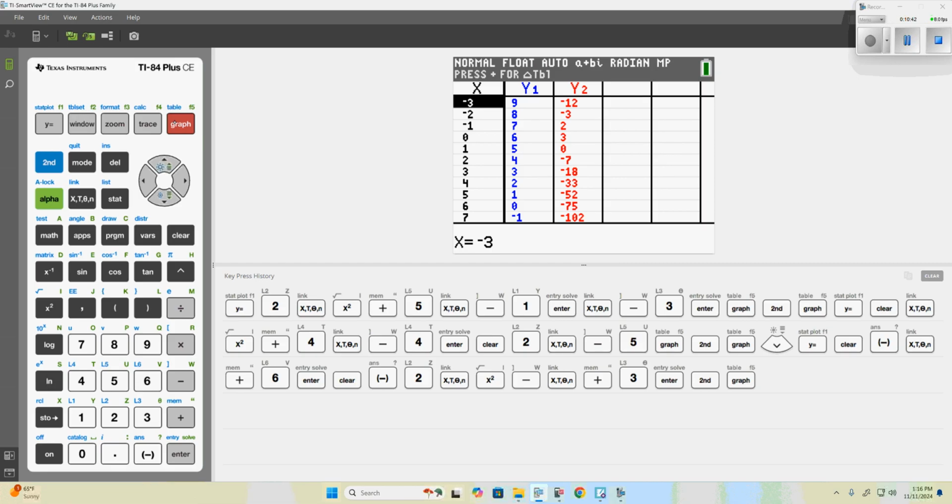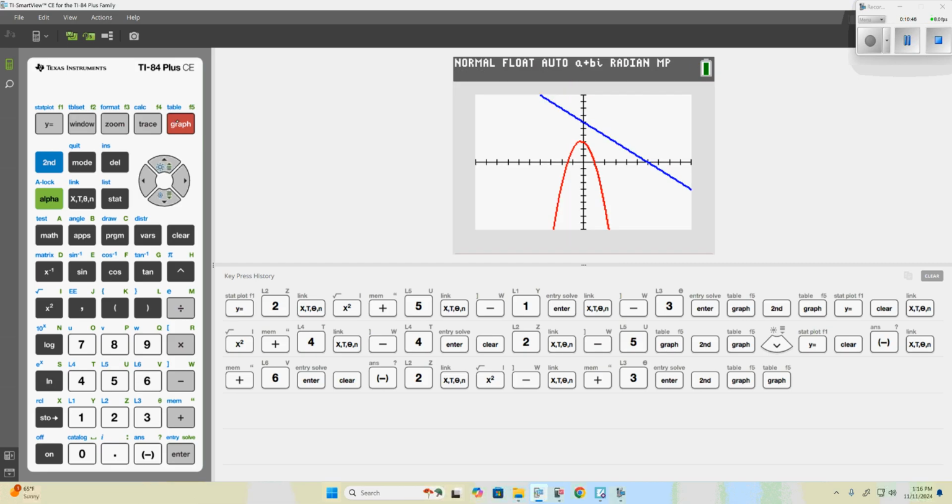It doesn't look like there is one, so let's hit graph and have it graph it for us. No solution. We can see here they do not cross, they do not intersect. Now it might look like they could if we extend the x-axis to the right, continuing positively, but that quadratic is going to decrease faster than that line ever will.